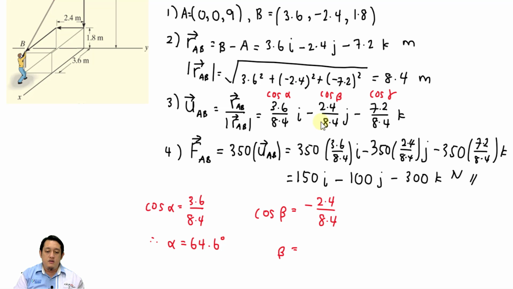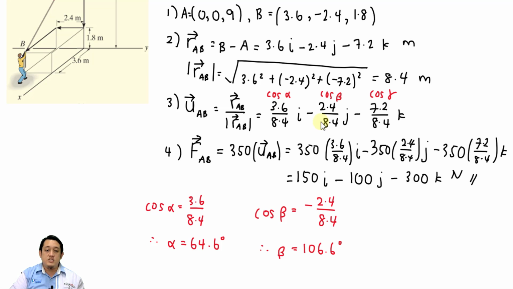So therefore, beta is equal to 106.6 degrees. Why do we need to have this negative here? Because we want to calculate the angle of beta from the positive y-axis. If we don't include this negative here, we cannot show that the angle is more than 90 degrees. Must have this negative here.